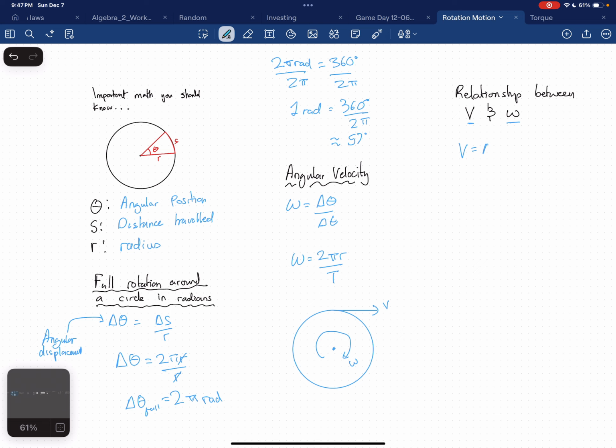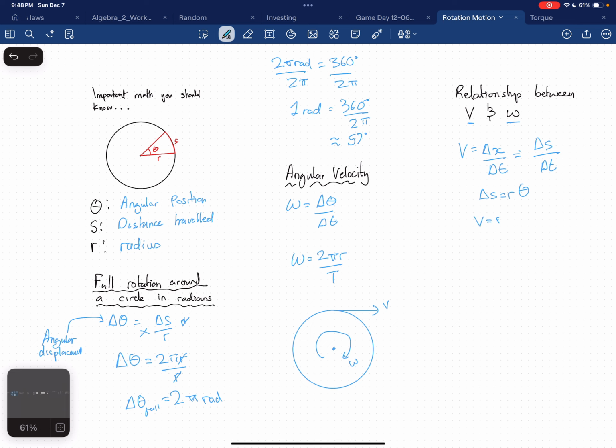So anyway, let's get into the relationship between the linear velocity and the angular velocity. We know linear velocity is delta x over delta t, the displacement. Here in angles, we say displacement is delta s, so it's delta s over delta t. And we know what delta s is from earlier. I can solve for delta s: delta s is equal to r theta. Then I can plug the r theta back in.